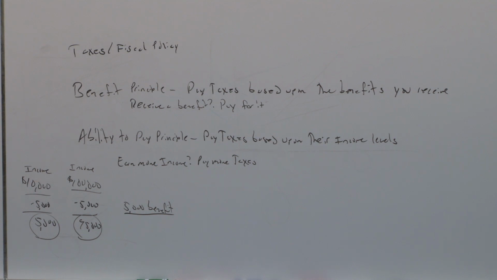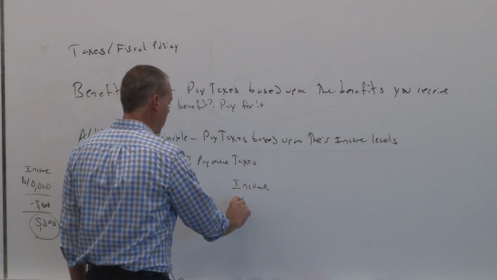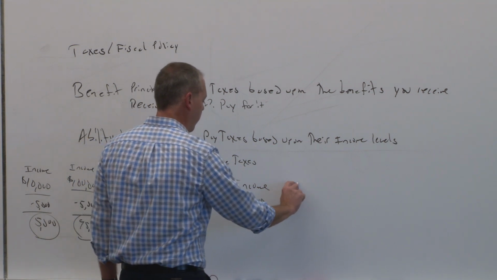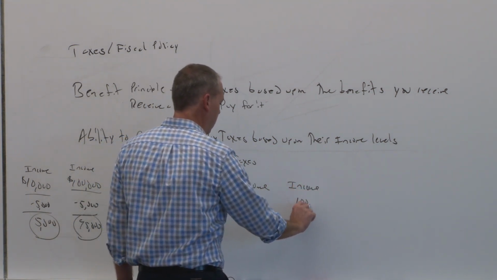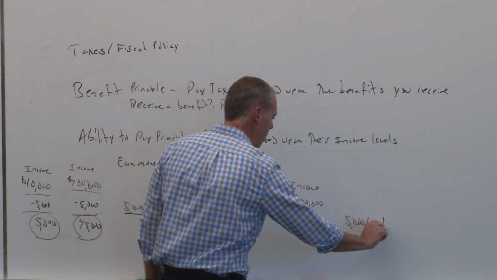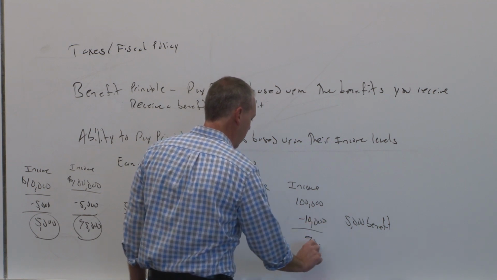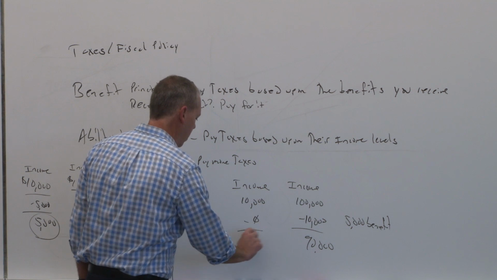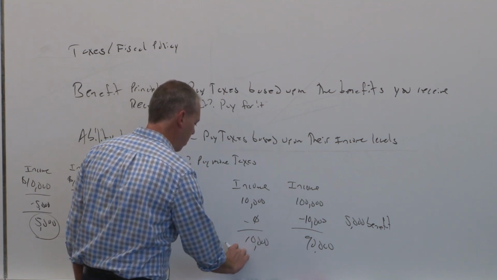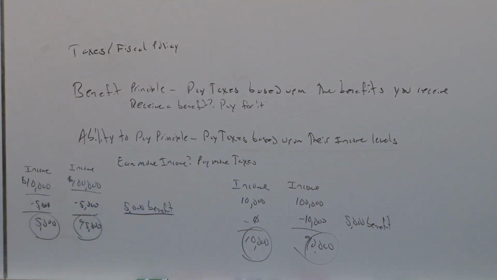Right? Here's the ability to pay principle. We're going to take this, the rich guy is going to pay all of it, the poor guy pays nothing.